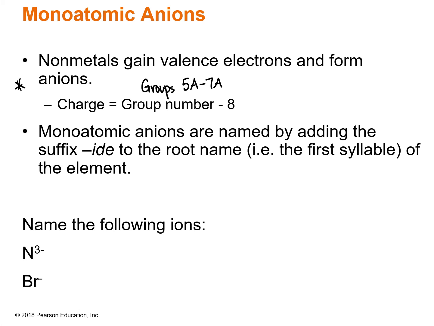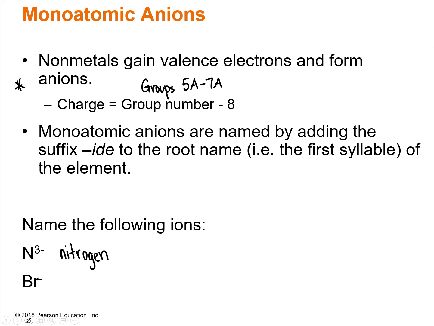The way that we name monoatomic anions is by adding -ide to the root name. So that's kind of like the first syllable-ish of the element. So I'll show you what I mean. I'll name this first one here for you, N3-. N, you're going to look at your periodic table and see that's nitrogen.